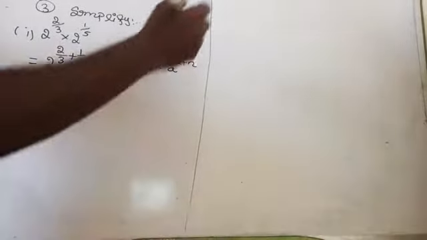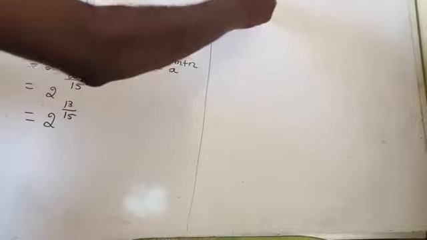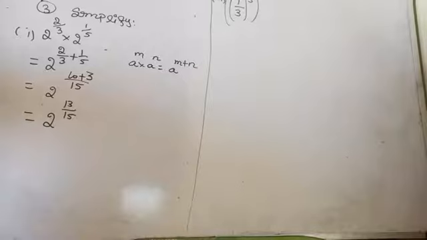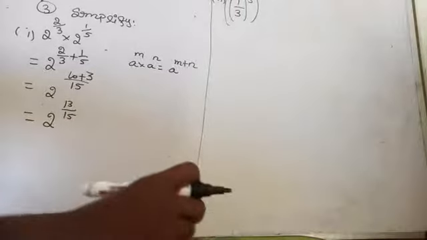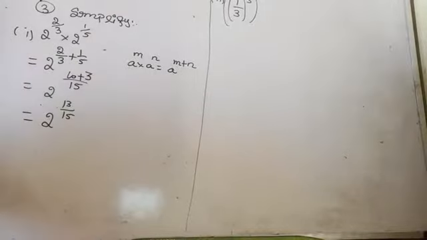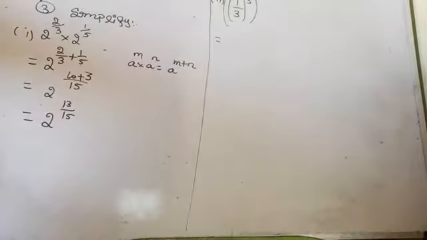1 by 3 the whole power 3, the whole to the power 7. Am I right here? Right. Now how can you write this one? 1 by a power m the whole power n, so you can write a to the power mn.